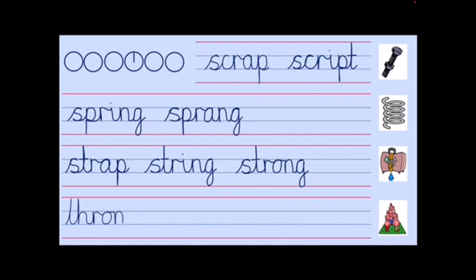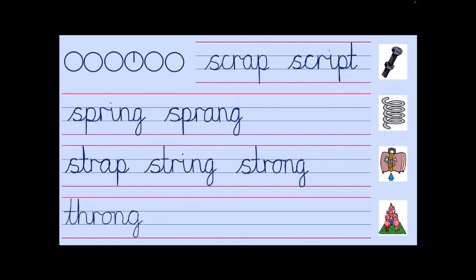Throng. Lots of people. And the consonant blend, 3 letters, but 2 sounds. Th, where our teeth are on our tongue, and r, throng. But there will be lots of words that you can write.